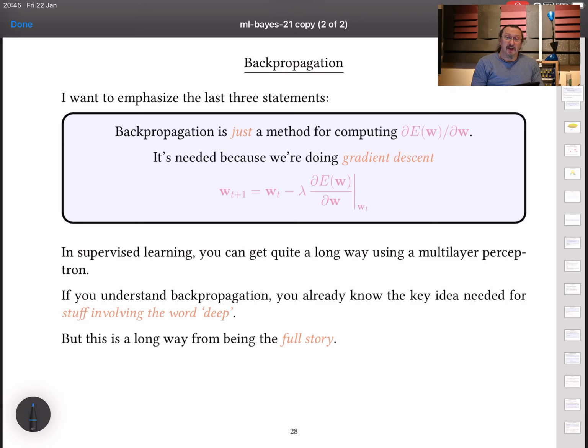You need to do that because you're doing gradient descent, and you need to do it even with the more recent and modern approaches to this kind of function optimization, because they all tend to need a derivative. Some will need the second derivative, some will not. There's a big literature on this subject, but a lot of methods for doing this kind of optimization of the function E require you to be able to get a first derivative, and that's what backpropagation gives you.